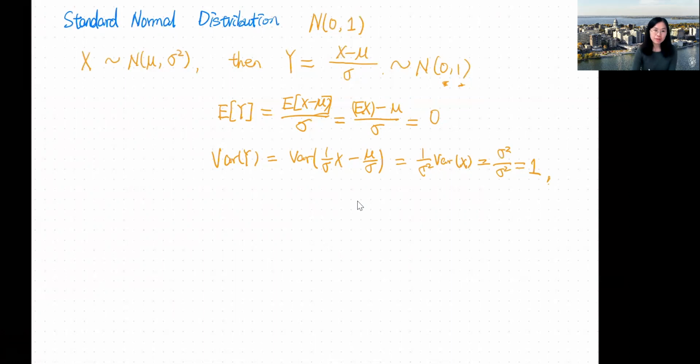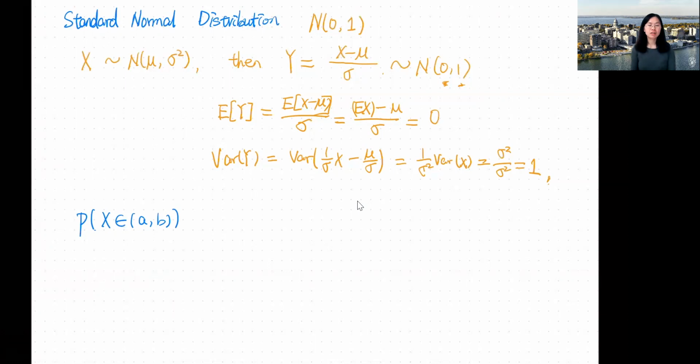And that is very useful because suppose we want to calculate the probability that x is between some interval. This is actually not very easy to do because the CDF of normal distribution, of any normal distribution, doesn't have a simple closed form.